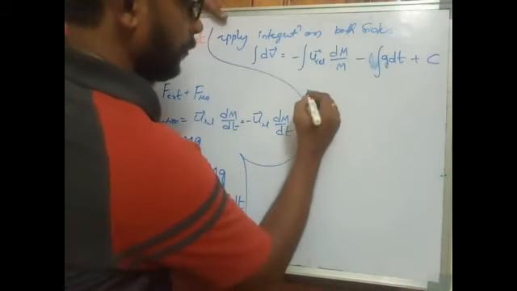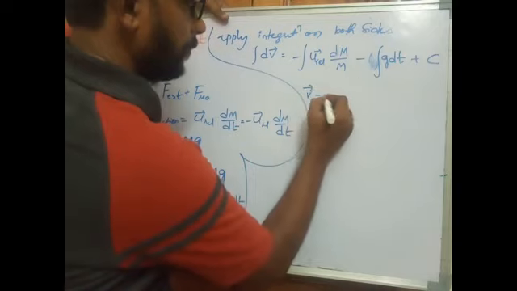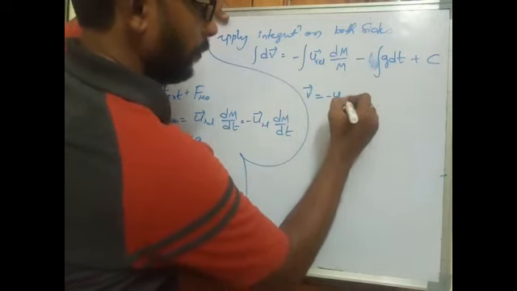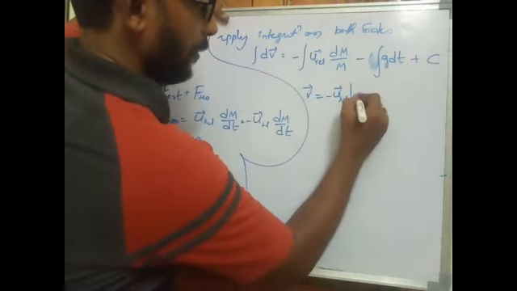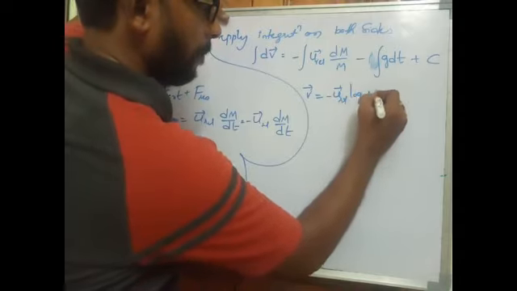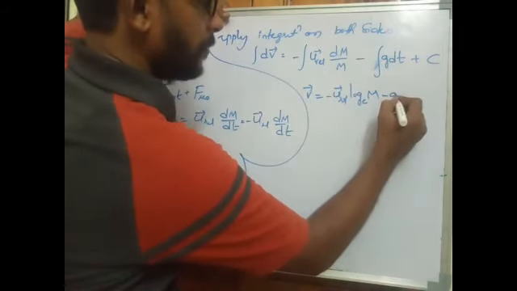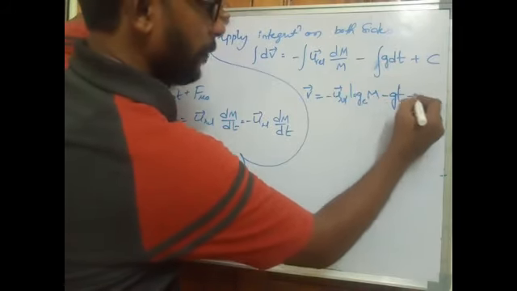Applying integration, we get v bar equals minus u relative velocity into log e m, minus gt, plus c.